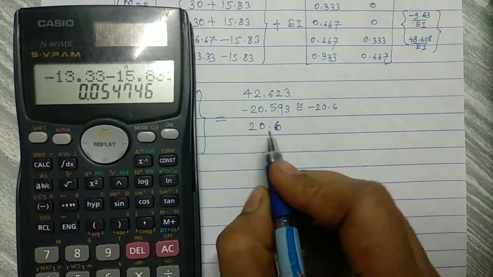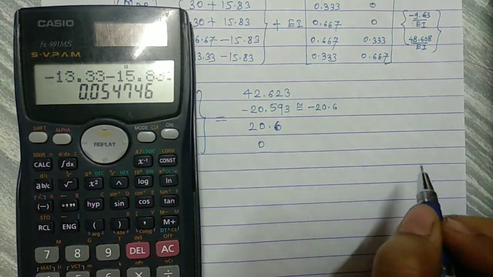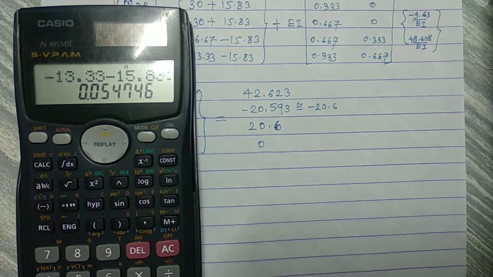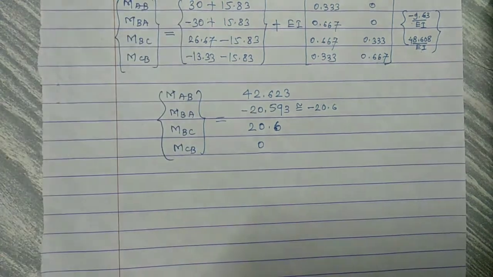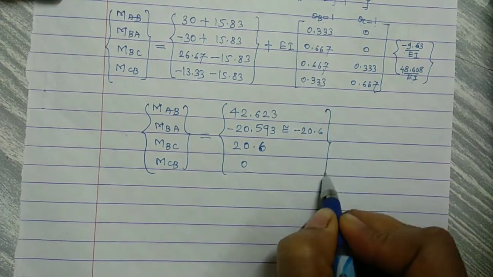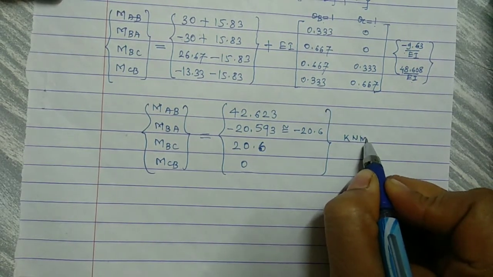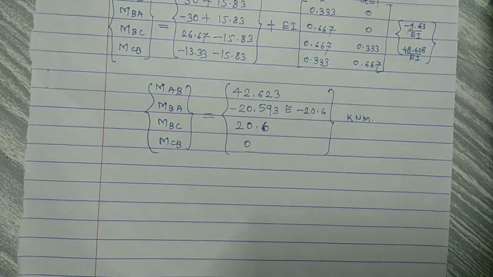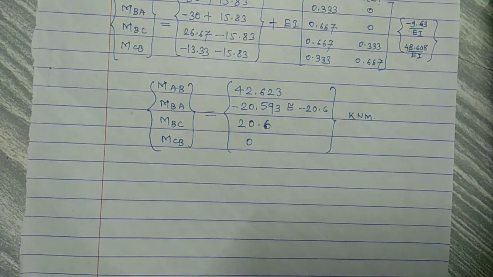So the answer is 0.05, that is negligible. So the last answer, moment CB, that is the external simple support, the moment is 0 kilonewton meter. Okay, so here we have completed this problem. Thank you.